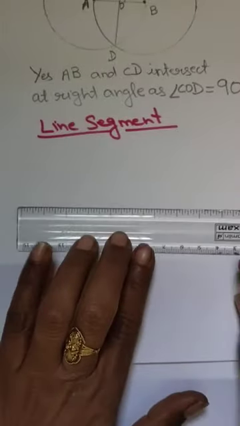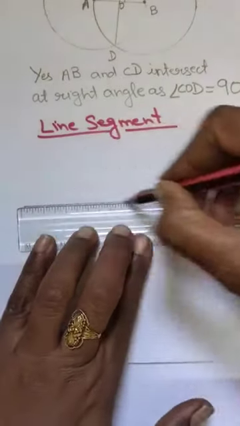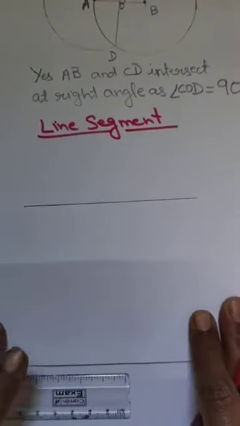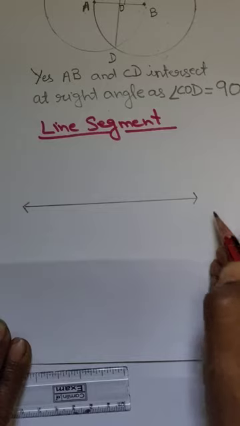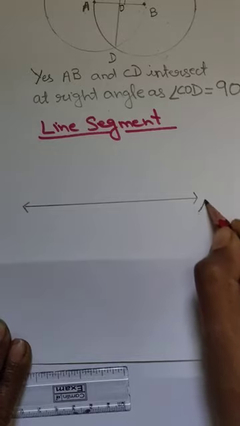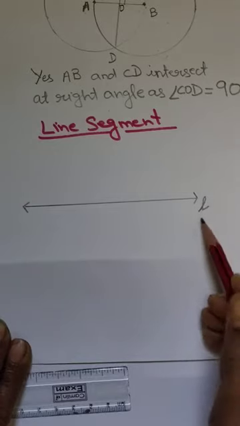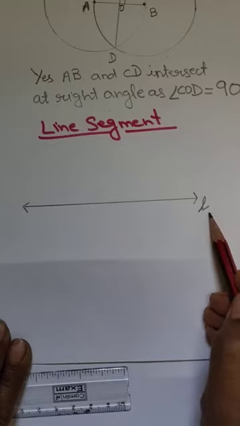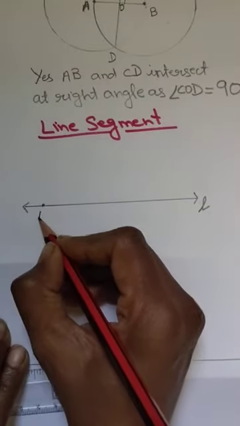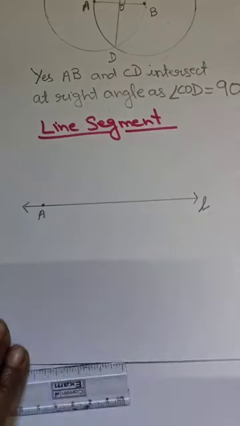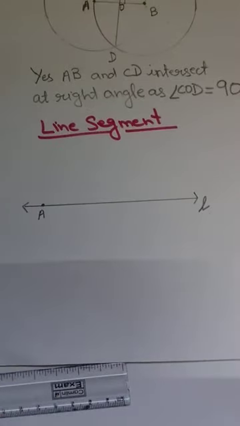First of all, we need to draw a line l. For line, you know very well that both the side arrows must be there. This is line l. This l must be in small letters. Okay. Mark a point A somewhere like this.